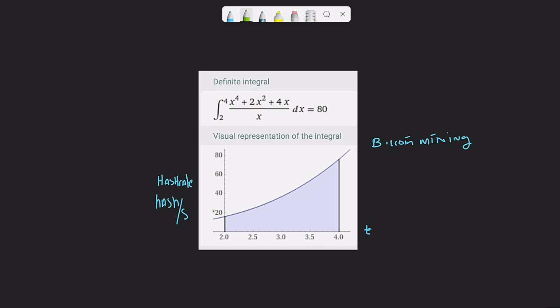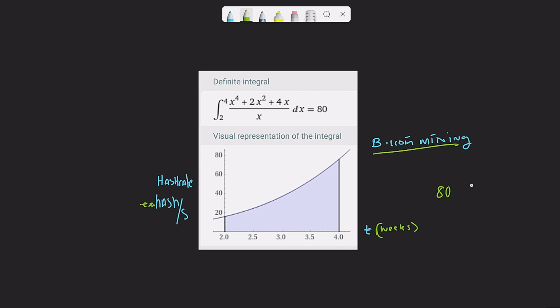And so we can interpret this to mean that over, let's say 2 weeks, a 2-week period, let's say t is in weeks, and this is week 2, and this is week 4, so this is a 2-week period. Over that 2-week period, there was a total of 80 hashes, and then instead of just saying hashes, let's say it's exahashes that were computed during Bitcoin mining.